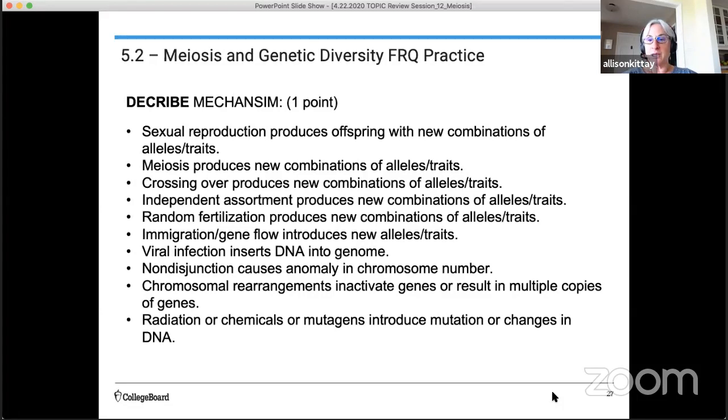Chromosomal rearrangements could inactivate genes or result in multiple copies of genes, so things like duplications or deletions. And then there could also be some type of mutation introduced into the DNA. So any one of those mechanisms would introduce genetic variation. And remember, this is a key idea for meiosis, that it introduces genetic variation, which is the raw material for natural selection to act on.